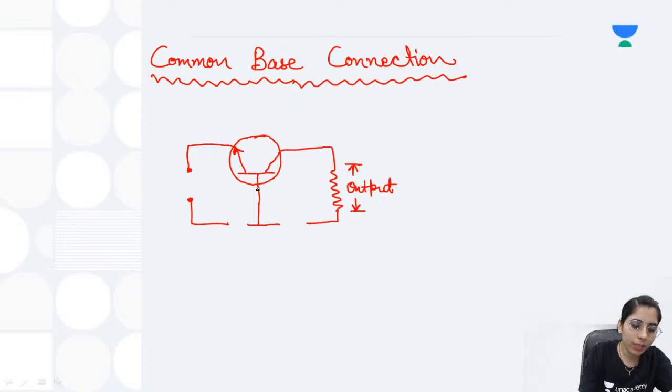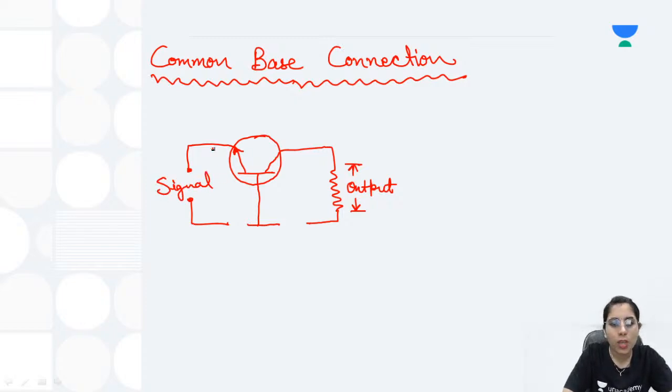Very good, Shubhankar. It is NPN type. That's correct. So here we will provide the input signal, or any signal you want to send. That is something you will give here. This is NPN type. That's correct.